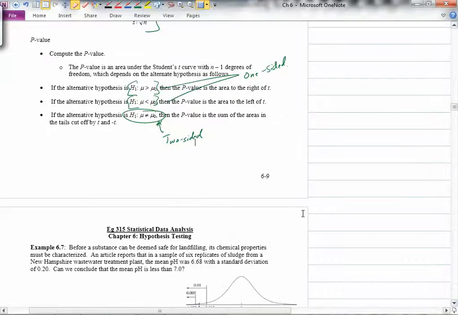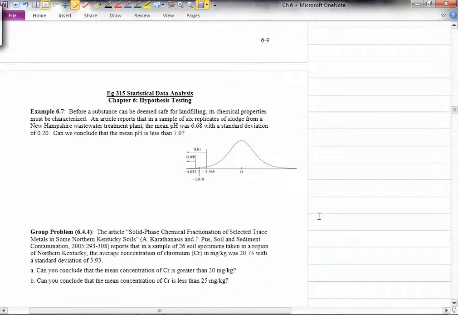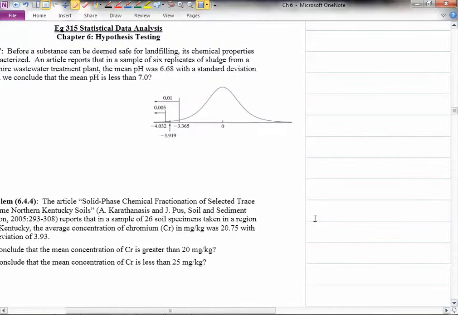So we should do an example here before we get too far along. Any questions before we do this example? I think examples tend to clear things up a lot.